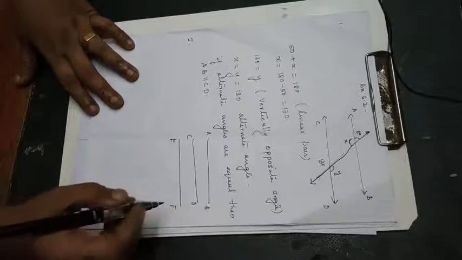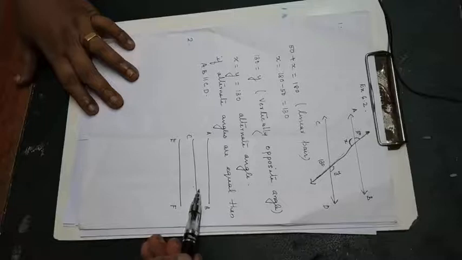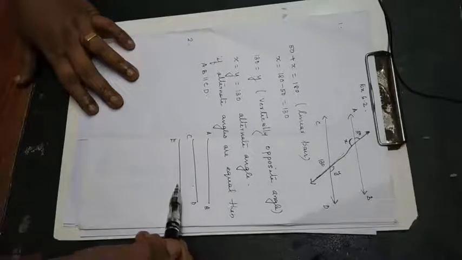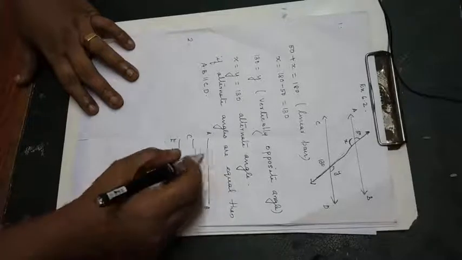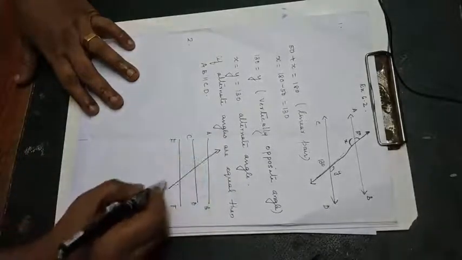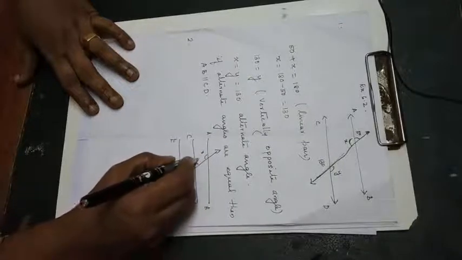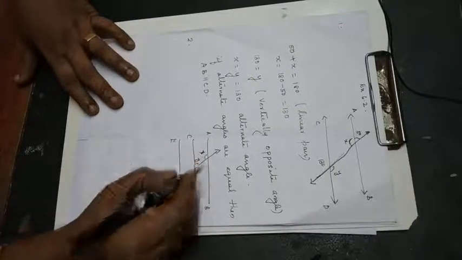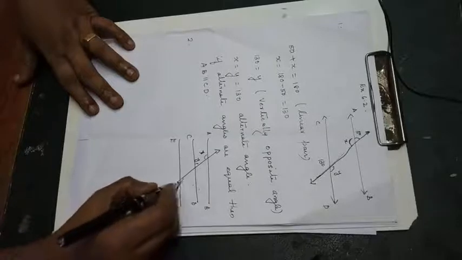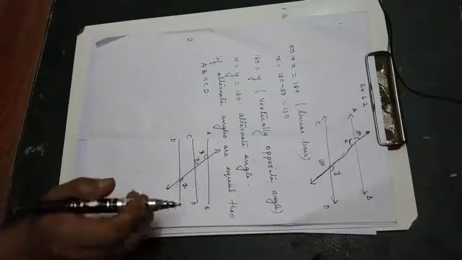It is given AB is parallel to CD and EF is also parallel to CD. That means AB is parallel to EF also. Now another line is cutting them. Here it is X, this one is Y, and this one is Z. Now Y is to Z is given, but your question is to find x.